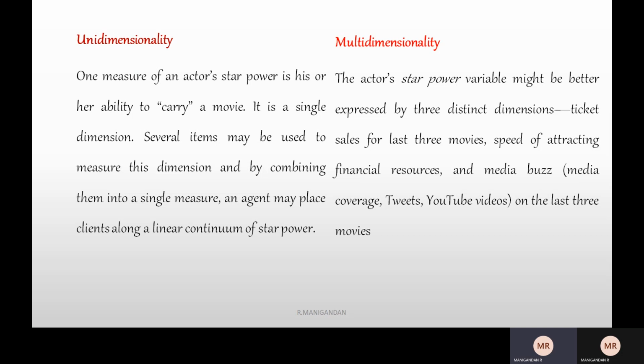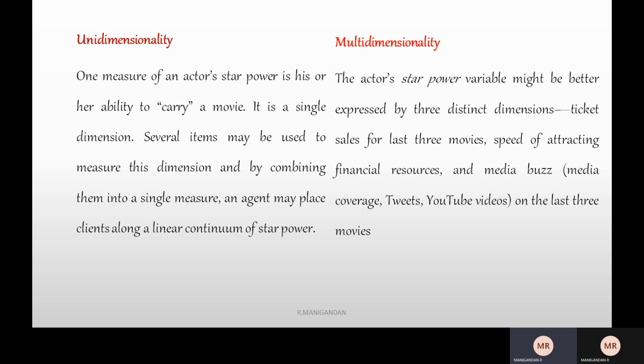Multidimensionality means the actor's star power variable might be better expressed by three distinct dimensions: ticket sales for the last 3 movies, speed of attracting financial sources, media buzz and coverage, fees, and YouTube videos. For example, I can take Tamil Nadu, where there are various actors.